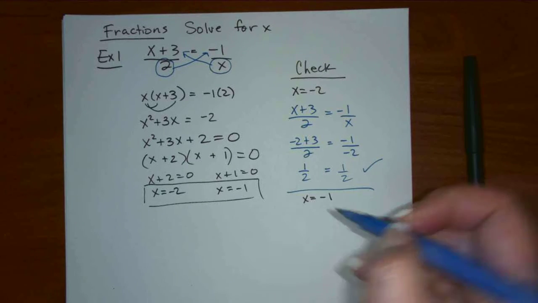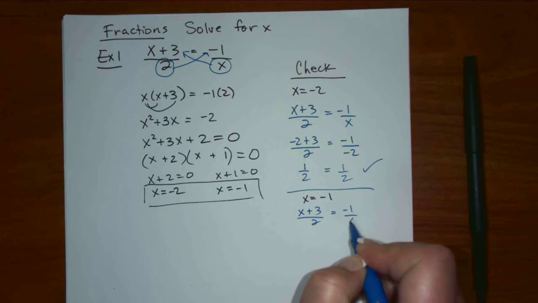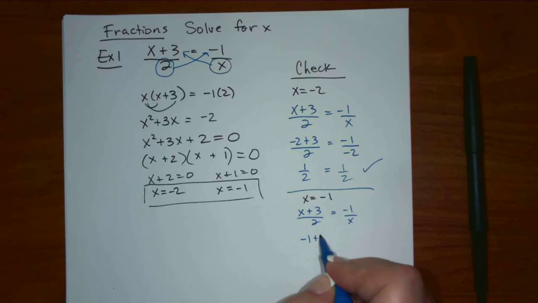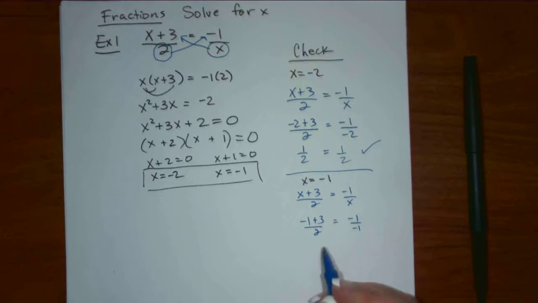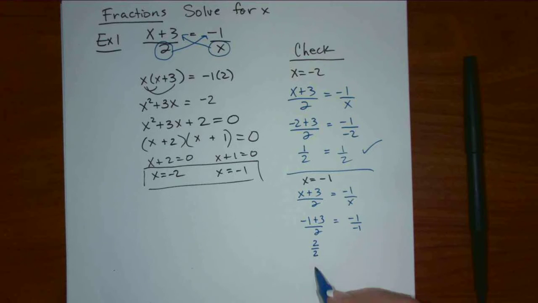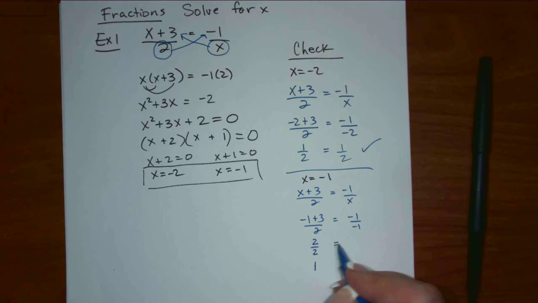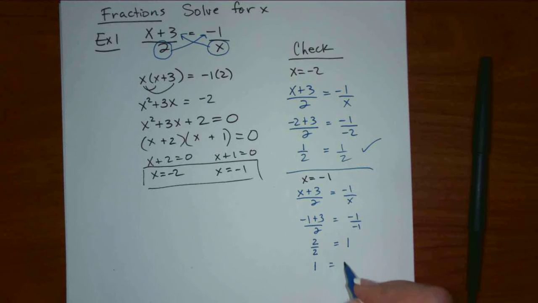Take your question. Put the -1 in. Here we get minus 1 plus 3 is 2 over 2, which is 1. And a minus 1 over minus 1 is a 1. So that works.